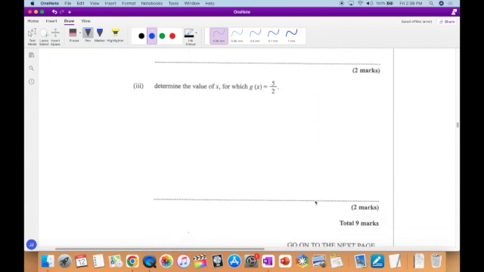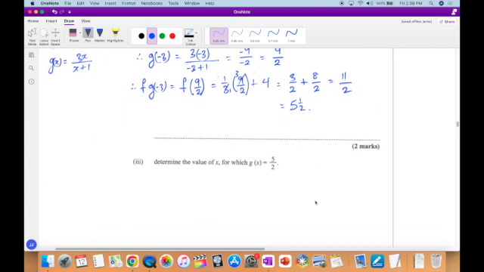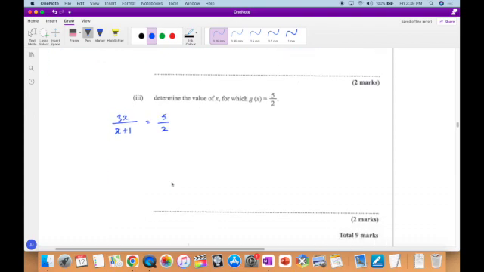Determine the value of x for which g of x is 5 on 2. So g of x there is 3x all over x plus 1, and that is equal to 5 on 2. And so we could cross multiply here.